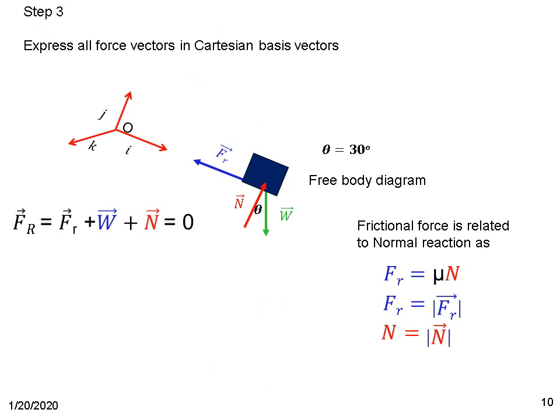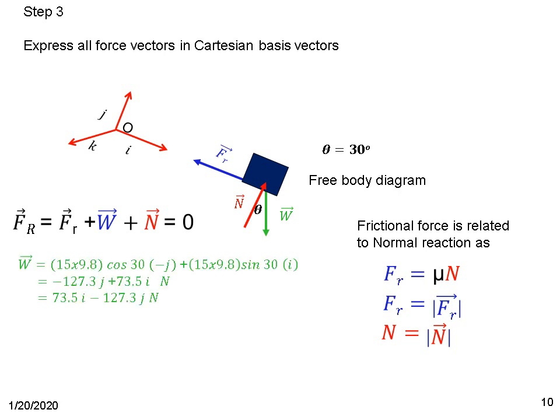Step 3 is to express the force vectors in terms of basis vectors I and J and magnitudes of these forces. Here, the normal reaction N is in the J direction. The weight components can be resolved into I and minus J directions. Frictional force acts in the minus I direction.